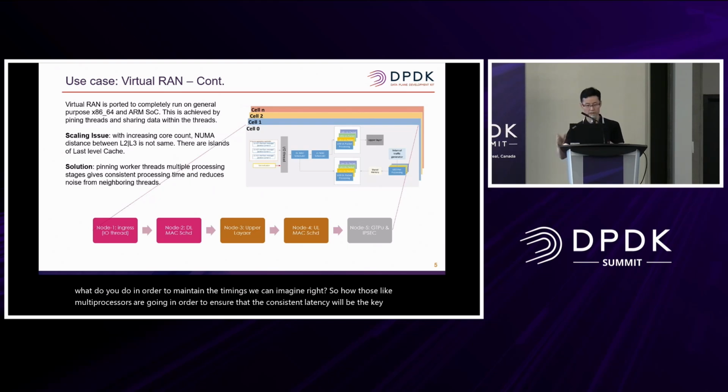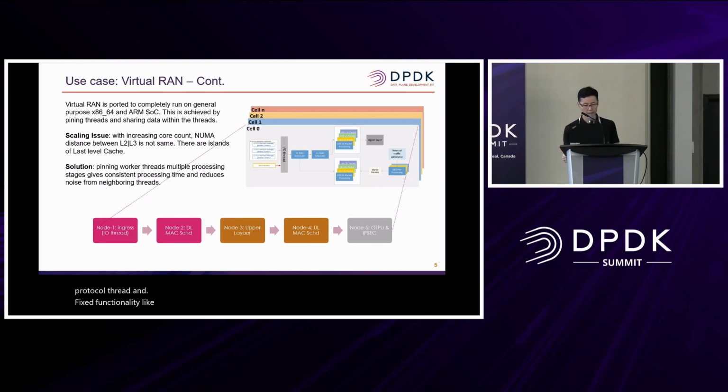So they define the cells, and each cell has multiple end-to-end running protocol threads, where fixed functionality like MAC scheduling, layer conversion, and IPsec GTP tunneling are running. For example, in this slide I've given the uplink.